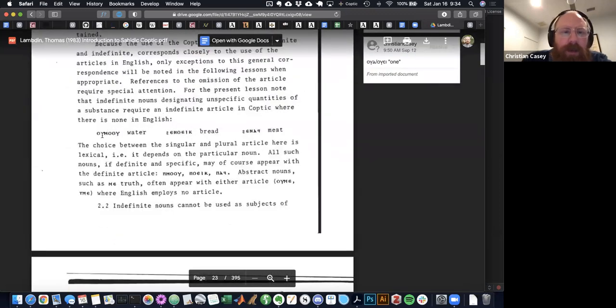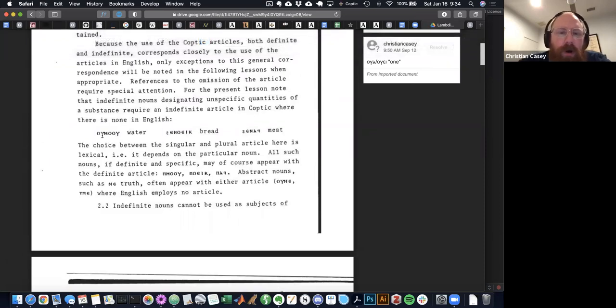Okay, so you have the indefinite articles like a water or some bread. So umo, hen oik, singular and plural. You actually do have a masculine and feminine singular indefinite article. It just happens that they are the same thing.